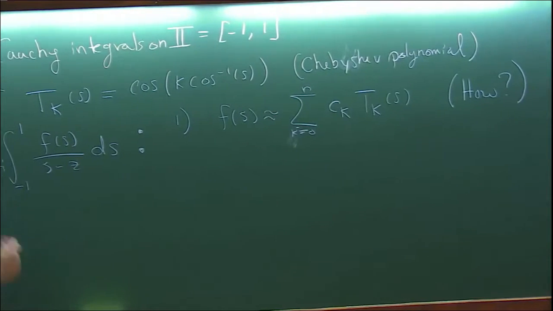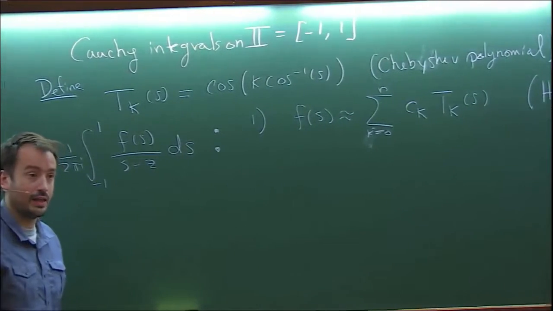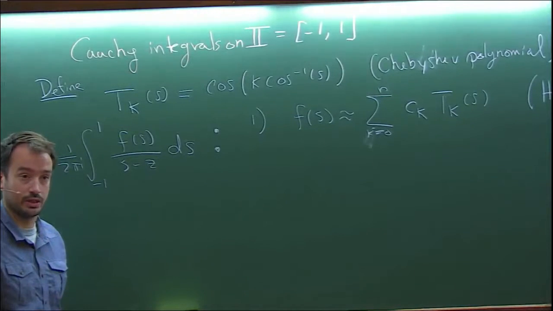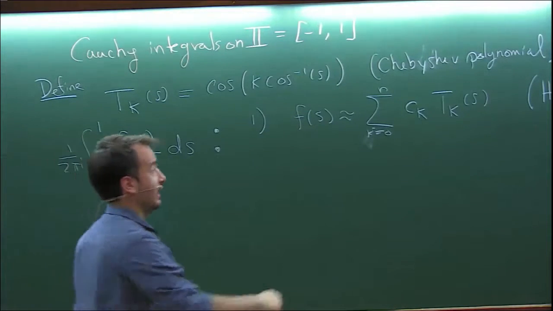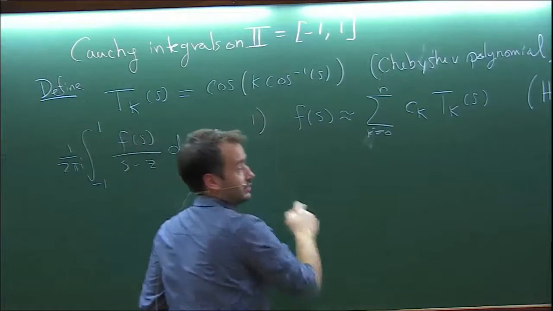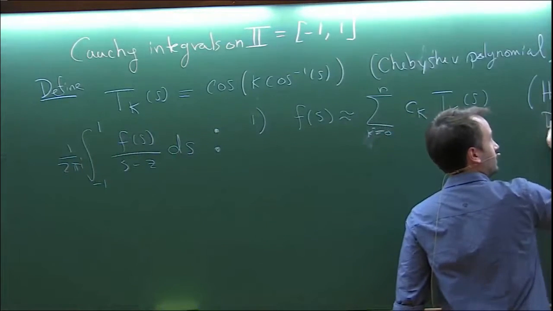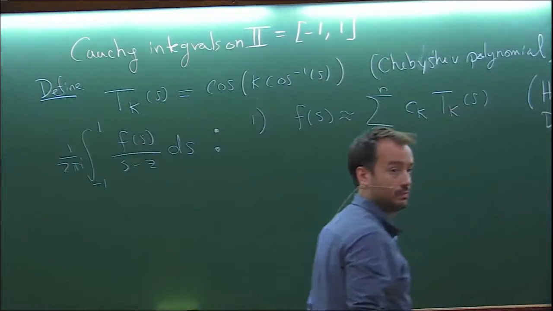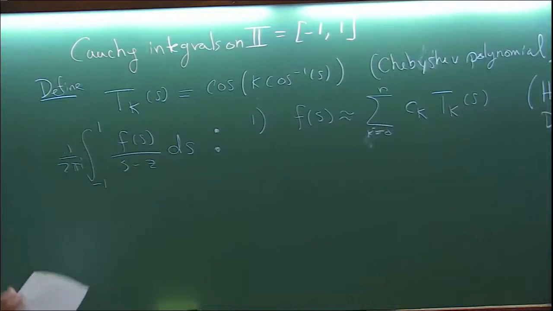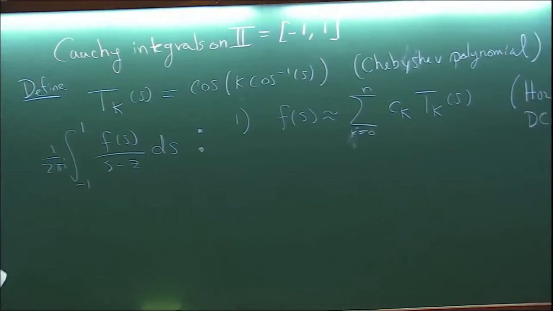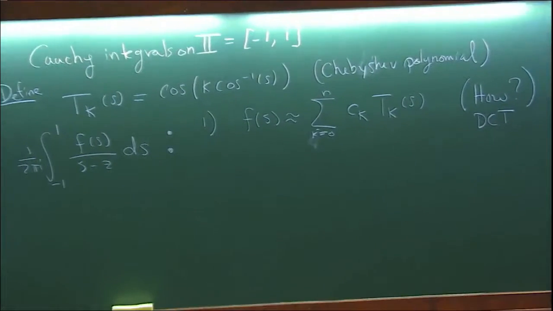You use the fast Fourier transform, and that gives you a cosine series representation. Then you map it back, and you get exactly this. So the actual how is the discrete cosine transform. That's something I'm just going to sweep under the rug and say we have this tool that, given a sufficiently nice function on -1, 1, I can compute these coefficients c_k in a very easy way. There's a numerical algorithm out there that does it for me.